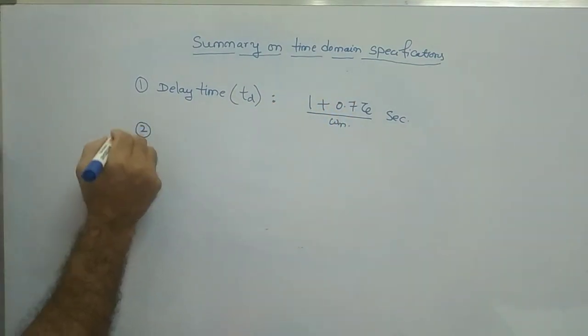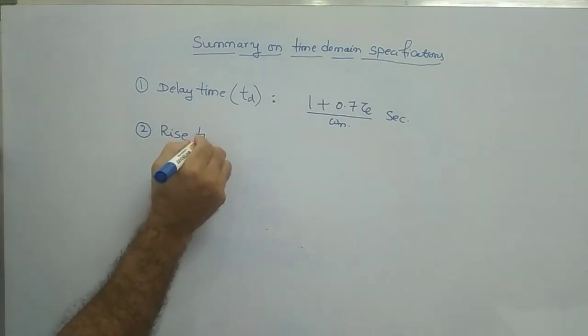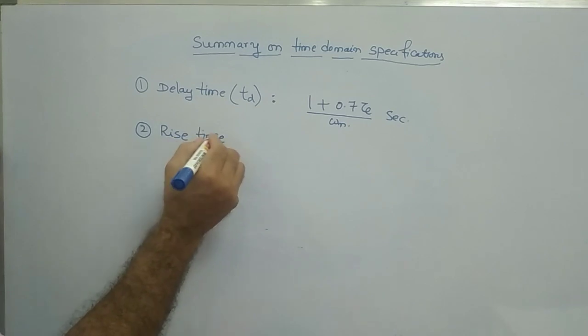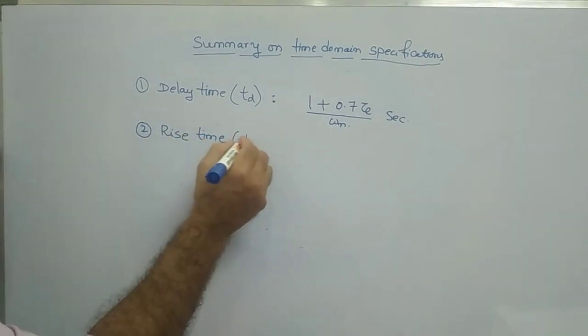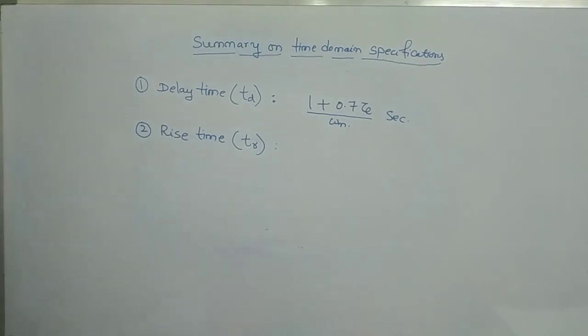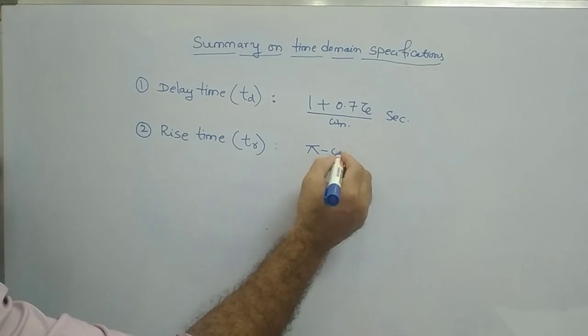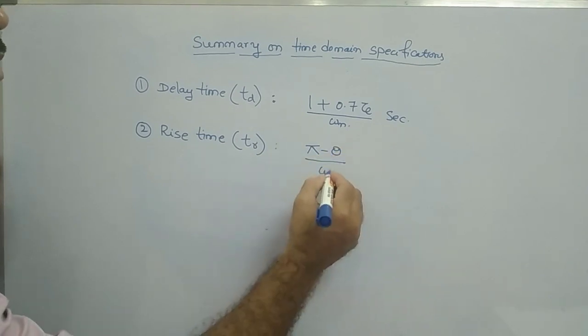And what is the second we have seen? Rise time, T suffix R. Rise time is equal to pi minus theta by omega d.